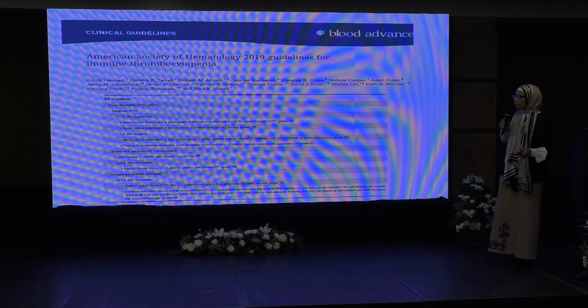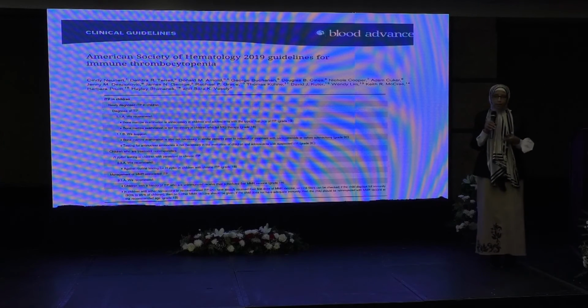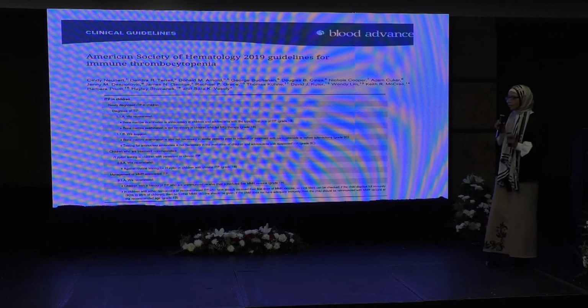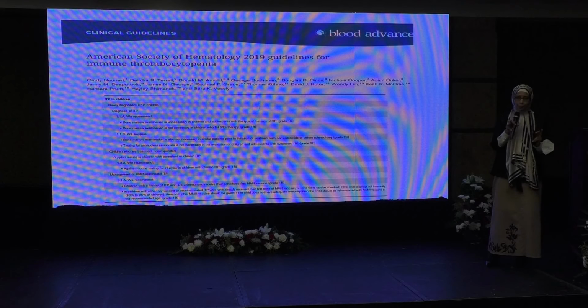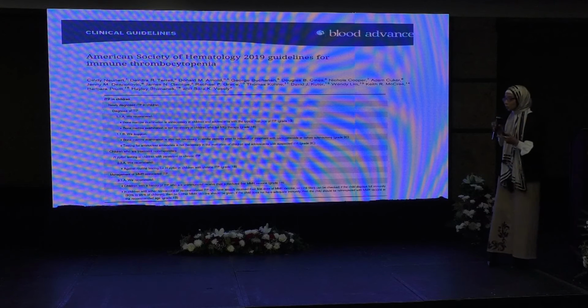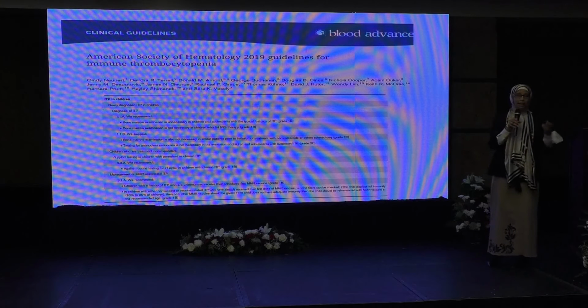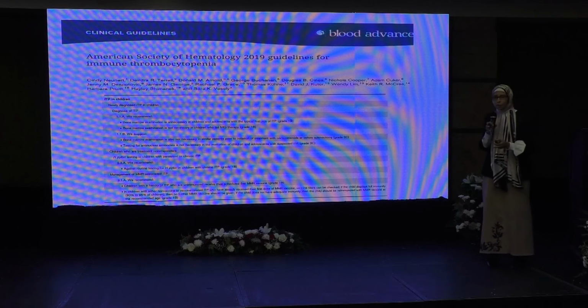We all use several guidelines. The most famous is the ASH, the American Society of Hematology 2019, and as we all know, they recommend against bone marrow examination at upfront presentation in typical cases of ITP, and they do not recommend testing for H. pylori, because it is a very common practice to find an adult hematologist doing H. pylori testing in pediatric patients.